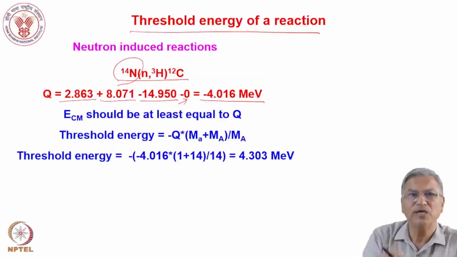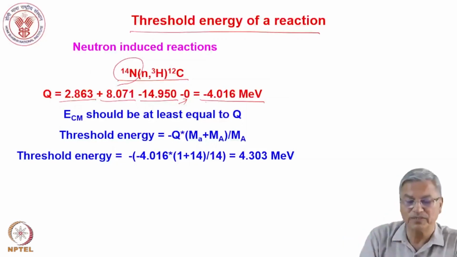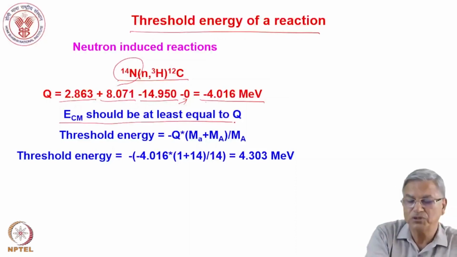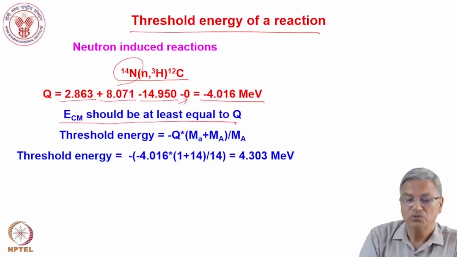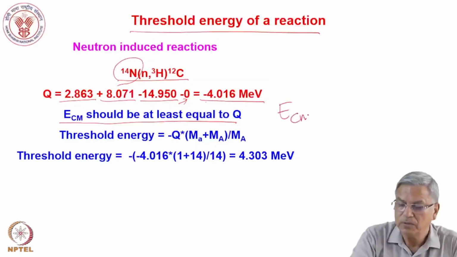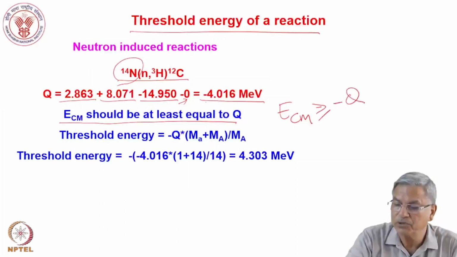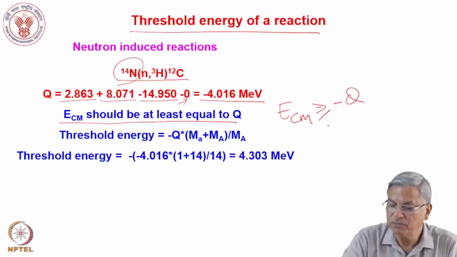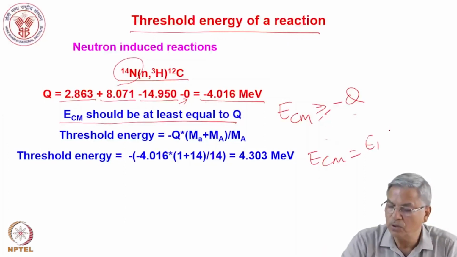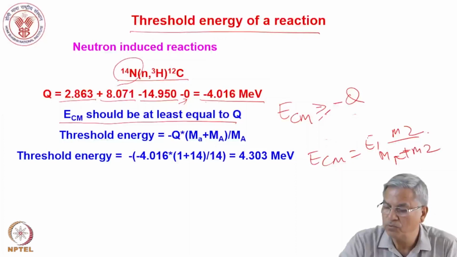So if a neutron has to induce this reaction, then the energy in the center of mass system should be at least equal to the Q value. You have to supply energy, otherwise it is a negative Q value reaction. So ECM should be at least equal to minus Q. But ECM is nothing but E1 M2 upon M1 plus M2.